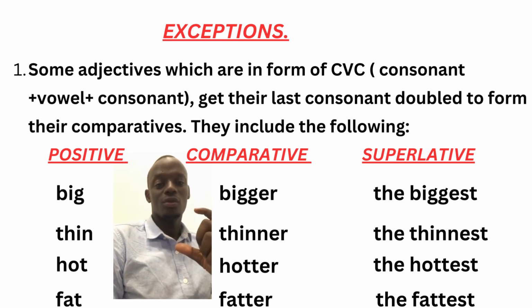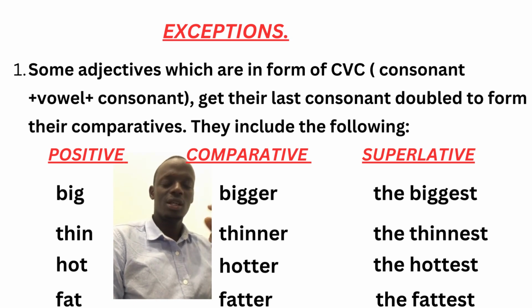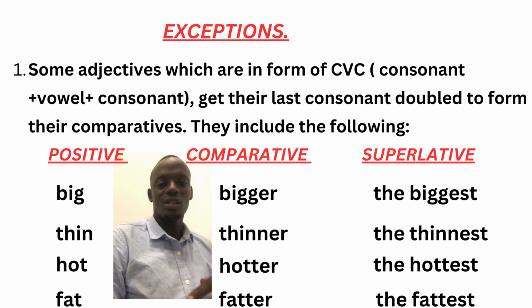These are, of course, short adjectives. Like I've said, tall. This is short, but do we have a consonant, vowel, consonant form there? I guess not. Now, when we have such kind of adjectives, we double the last consonant and then we continue with the other form that we have seen.